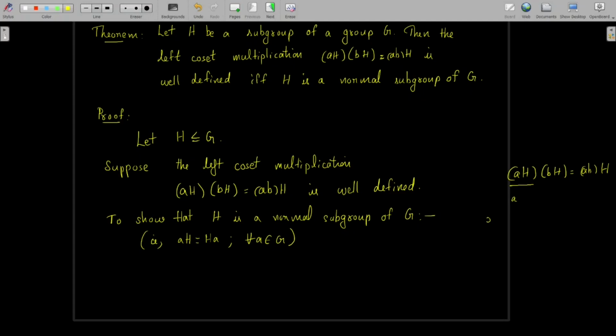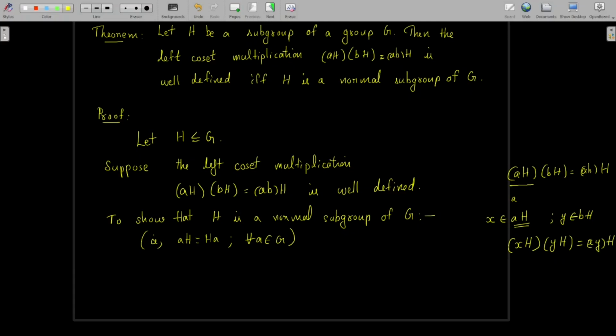And if you take another element x belonging to the same coset, then this coset may be given the notation xH also. Suppose we are taking the element x from aH and I am taking an element y from bH. Then the coset aH is equal to the coset xH and the coset bH is equal to the coset yH. And if we multiply these two cosets, we can write the answer as xyH.